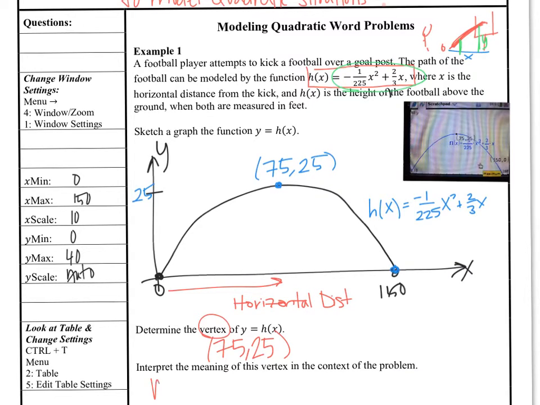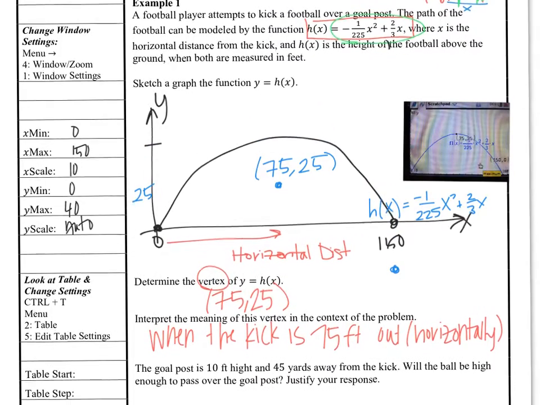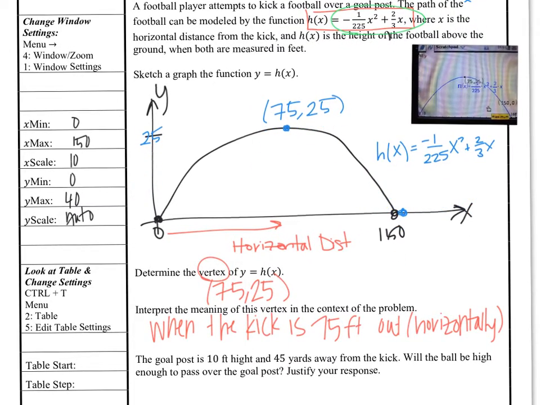So when the kick is 75 feet out, meaning horizontally, then the ball is at a height of 25 feet. And again, this y-axis is height.